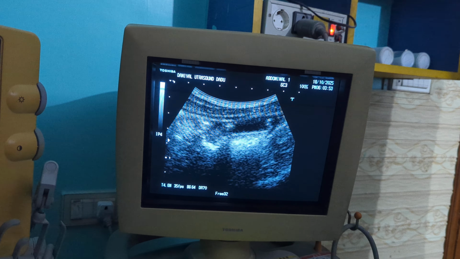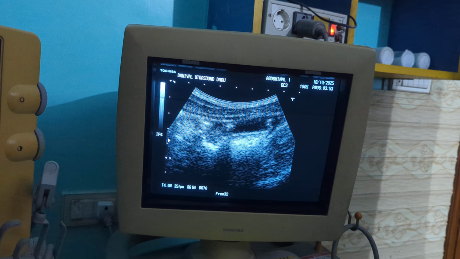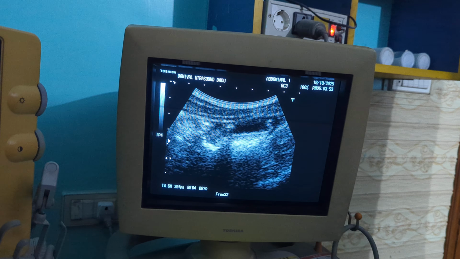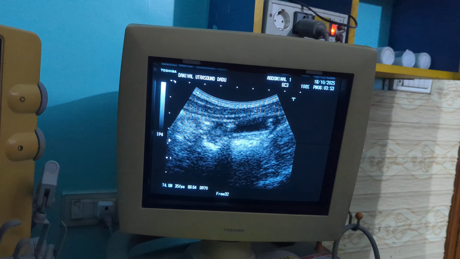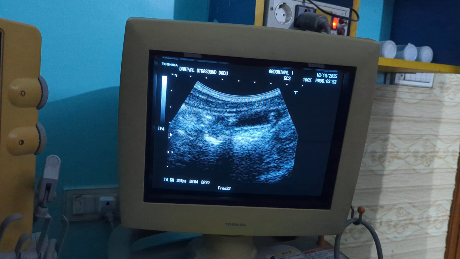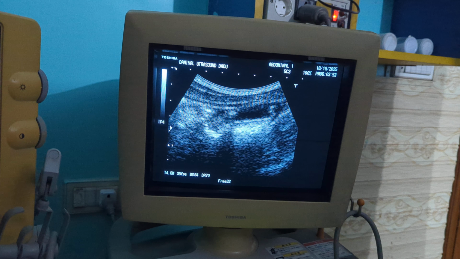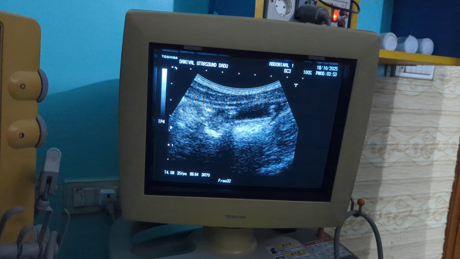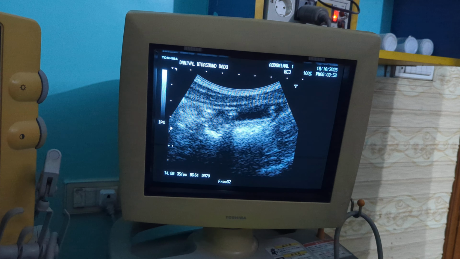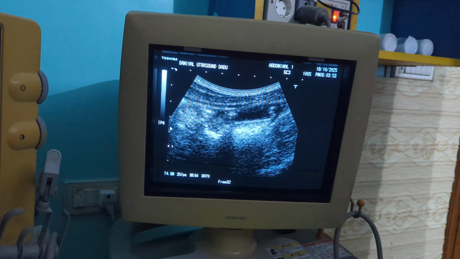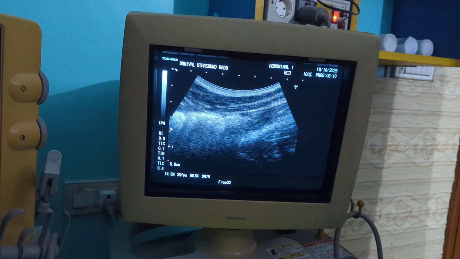Now, in this case, the presence of two fecoliths, one near the base and the other one at the tip, that tells us that appendix is obstructed or there's an obstruction at both ends. This may raise intraluminal pressure and lead to congestion, wall thickening, and localized inflammation. But fortunately, here there is no sign of rupture.